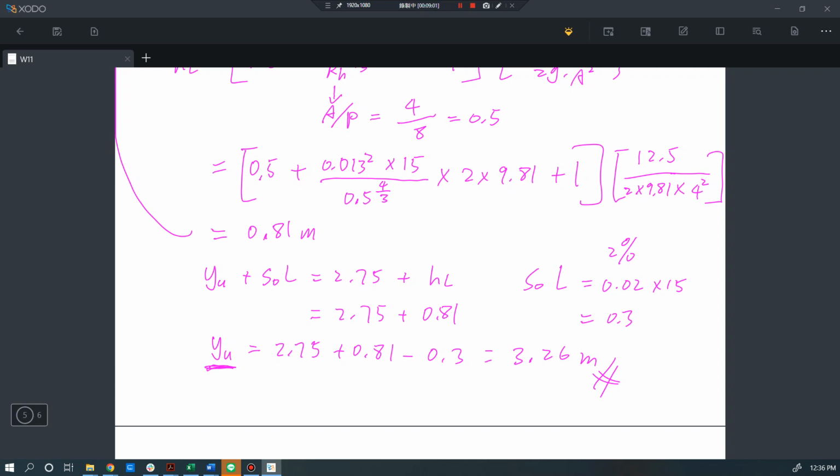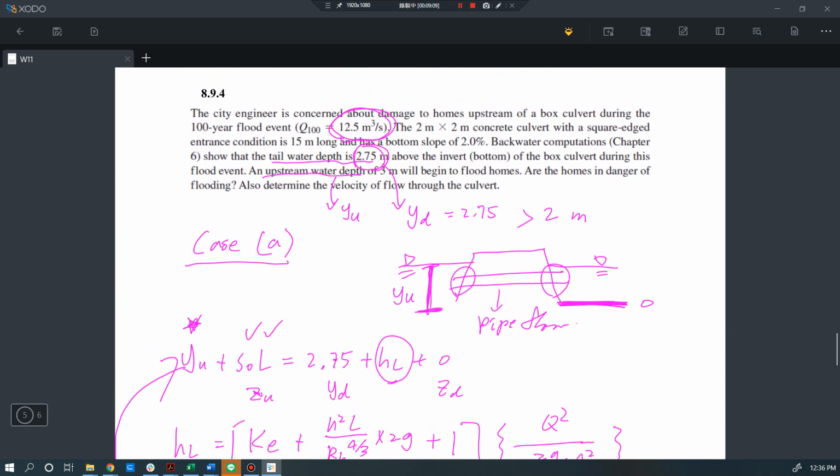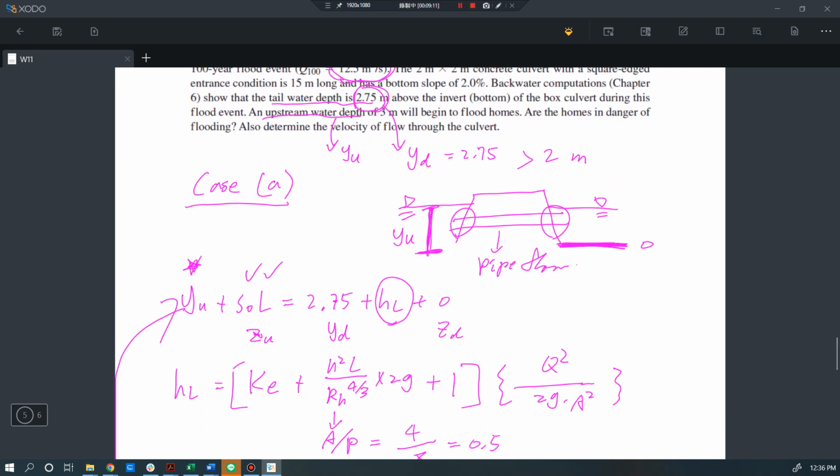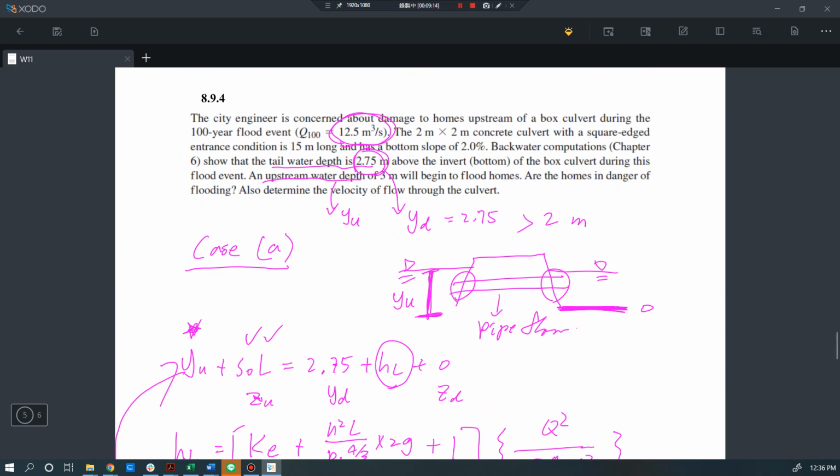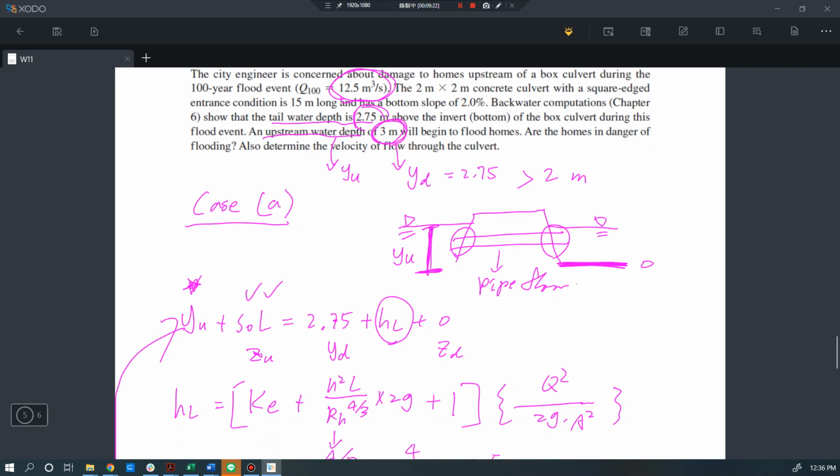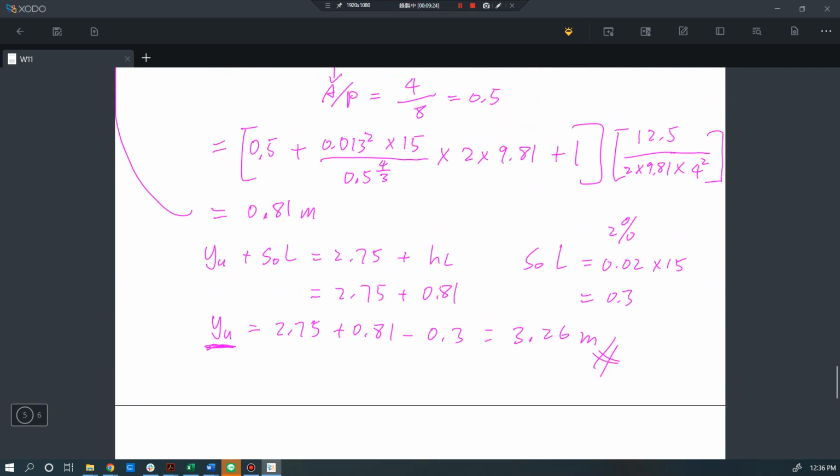Okay, so we solved the water depth at the upstream area. The next question is whether this flood event will cause damage in the upstream area. The question tells us if the water depth is higher than 3 meters, then it will begin to flood the homes. This number is larger than 3, so it will endanger the homes.